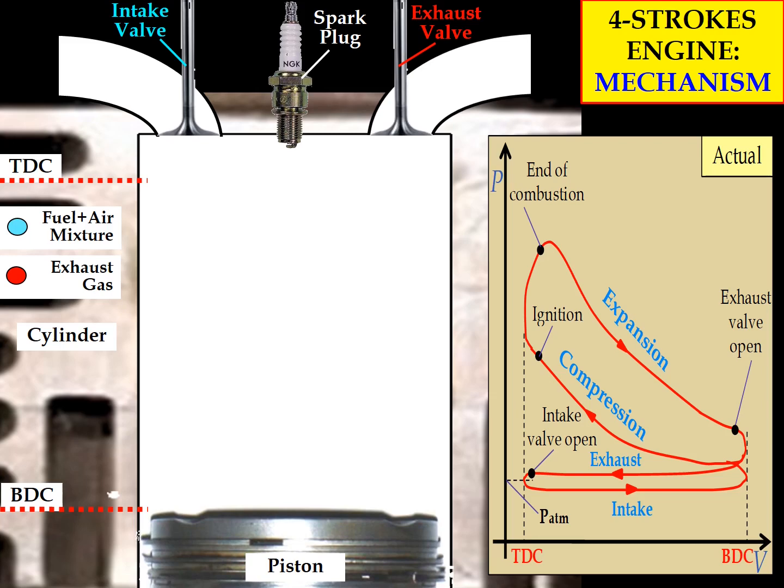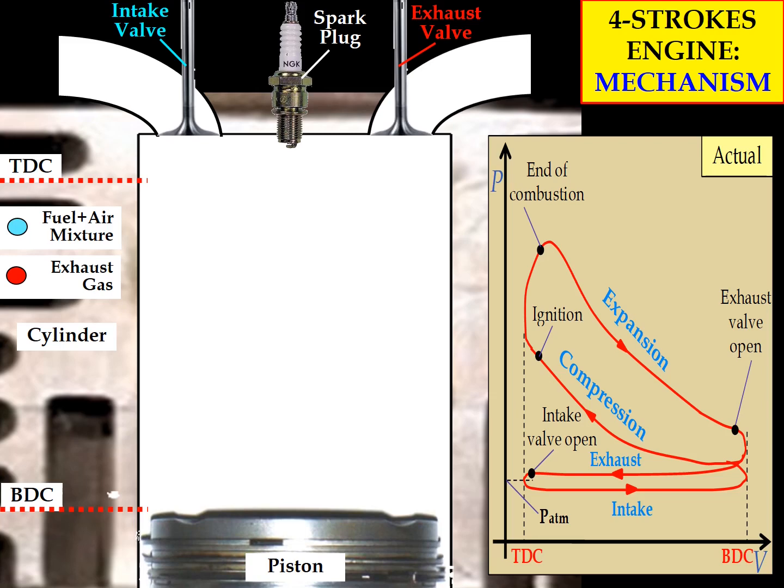During the exhaust process, the pressure inside the combustion chamber will be slightly higher than atmospheric pressure. However, during the intake process, the pressure inside the combustion chamber will be slightly lower than atmospheric pressure.